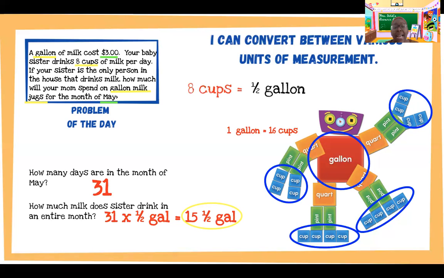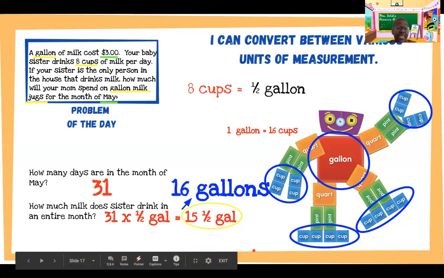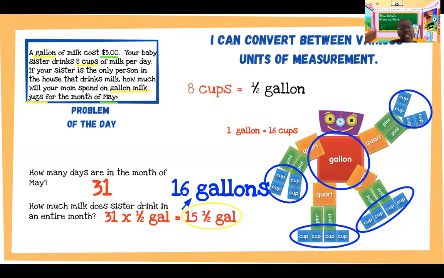Well, if mom is buying gallon milk jugs, can she buy 15 and a half gallons? No, she can't. And so how many gallons would mom need to buy in order to make sure that your sister has enough milk? Did you say 16 gallons? If you did, you're absolutely correct. If she bought 15 gallons, she'd be a day short.